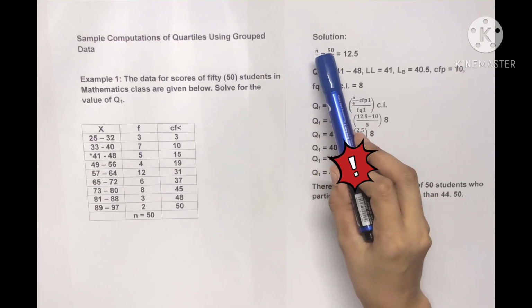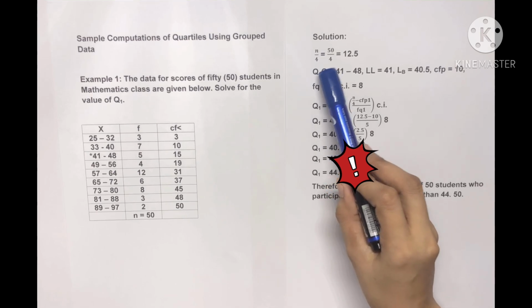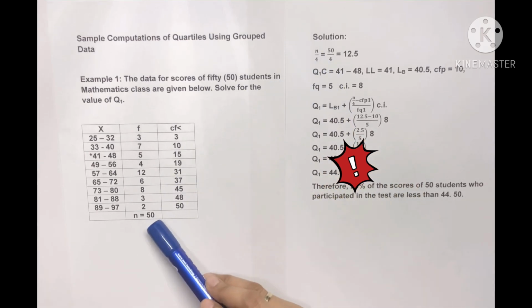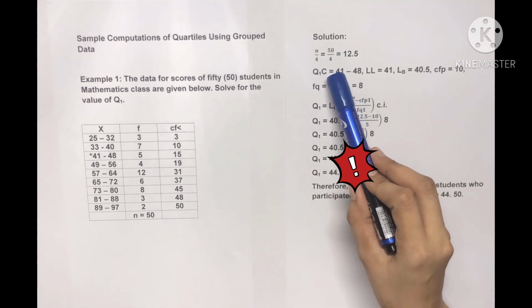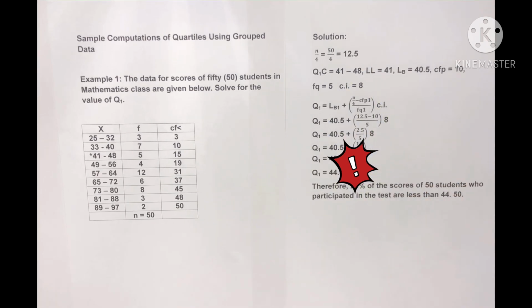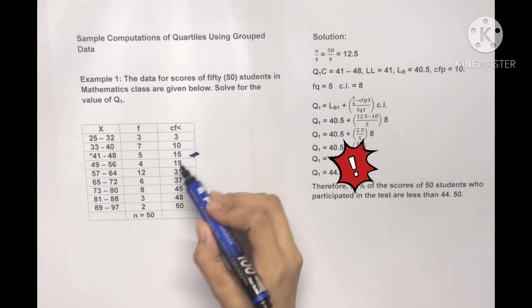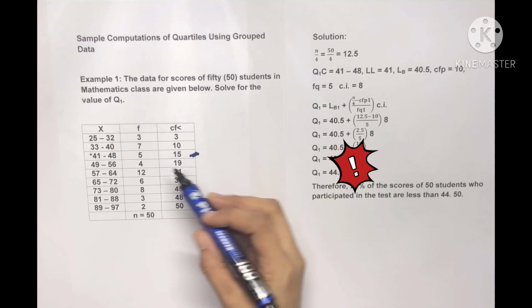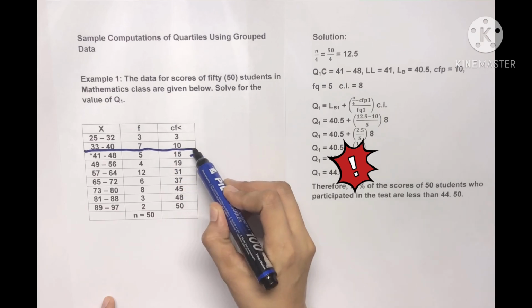Since our n is 50, we'll just substitute it. 50 divided by 4 is 12.5. So 12.5 is located here in 15. Therefore, we need to focus on this category.